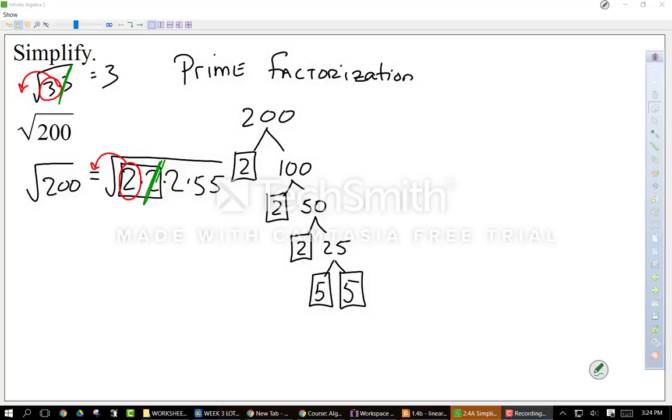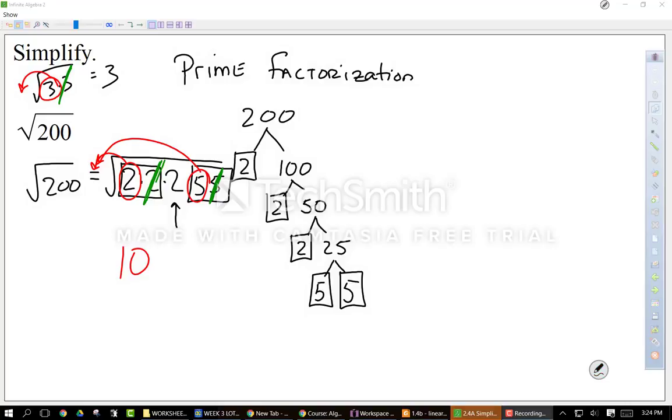Then I look to see if I have any more pairs. This 2, I don't have another pair. But this 5, I do. I have 2 of them. So I'm going to take one of them out, and then the other one, again, I'm just going to get rid of it. It's no longer important. So the 2 numbers that were multiplied together in red come out front and are multiplied together.